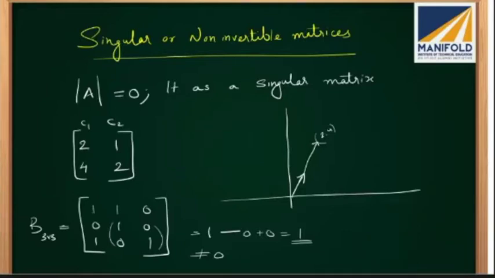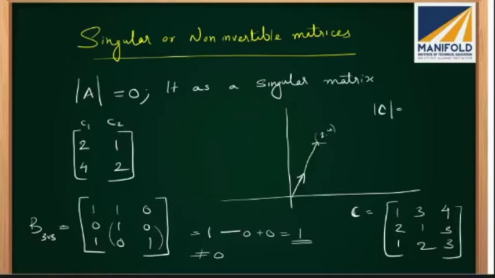This particular matrix will span the 3D space. Now, if I consider another matrix C, which is, let us say, 1, 2, 1, 3, 1, 2, and 4, 3, 3. What will be the determinant of this particular matrix C?